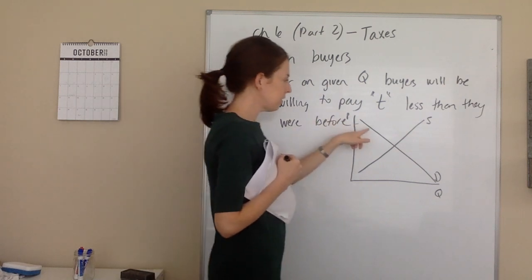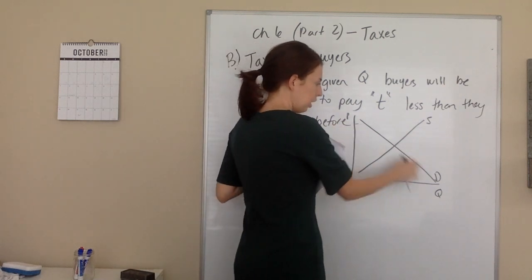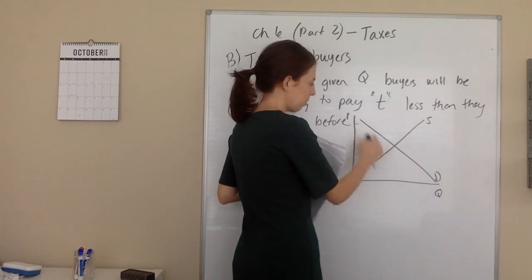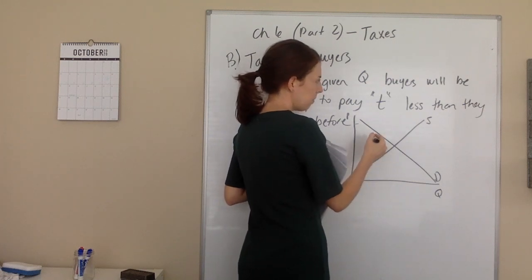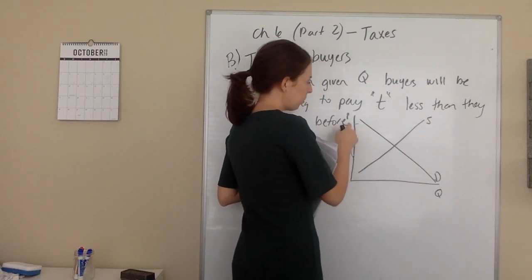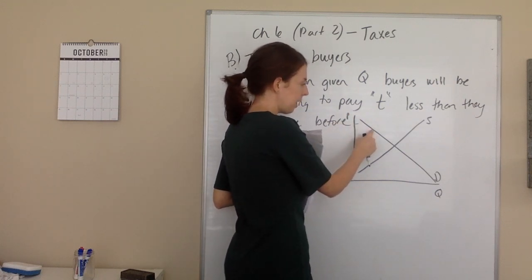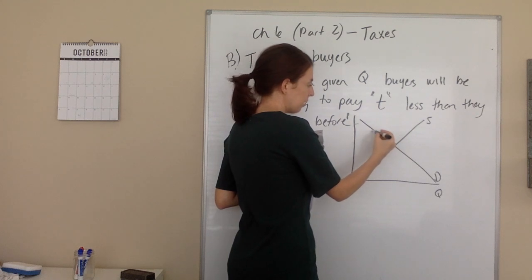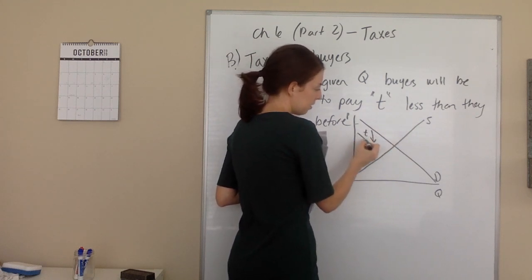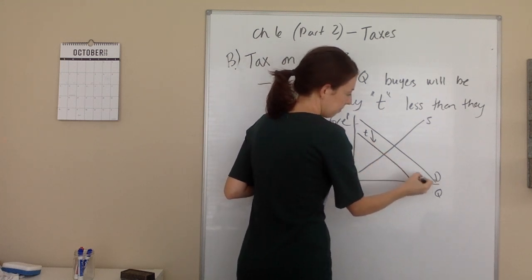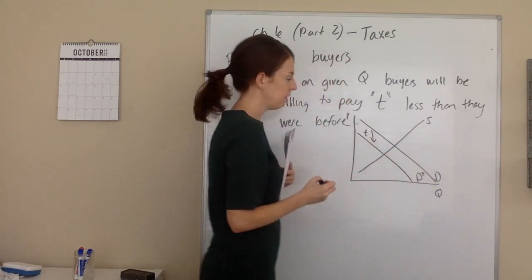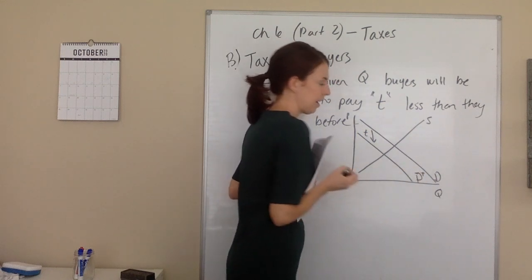So the buyers say, this curve traces out my willingness to pay different prices for different quantities. Now, on top of whatever price I'm paying, I'm also going to have to pay a tax. So I'm going to take my willingness to pay and lower it by exactly the amount of the tax. This is going to be my new demand, given that I'm being taxed.